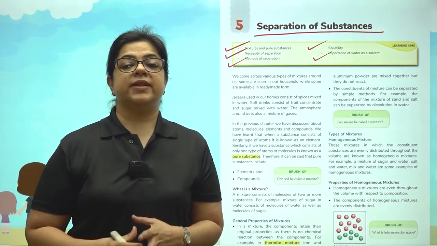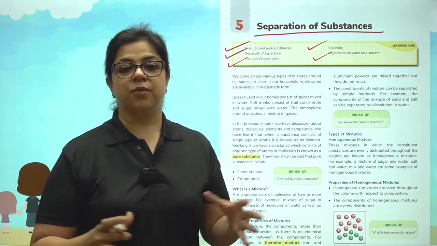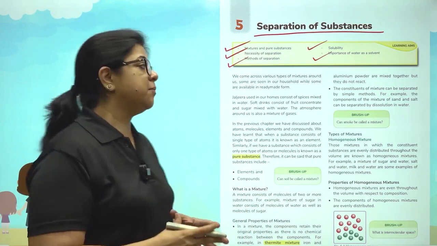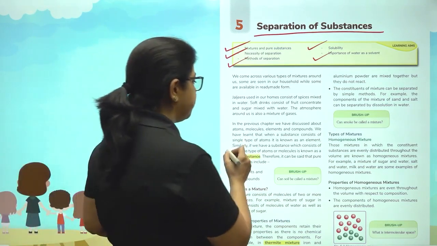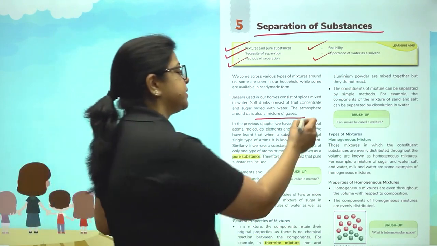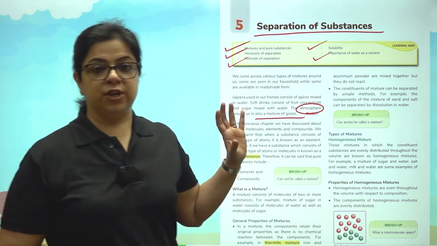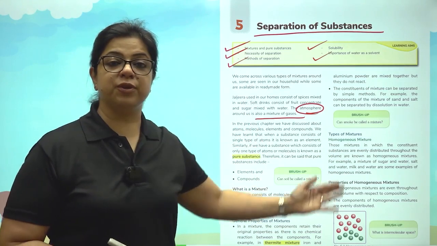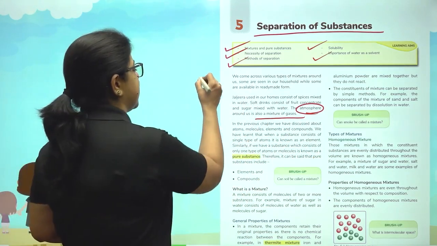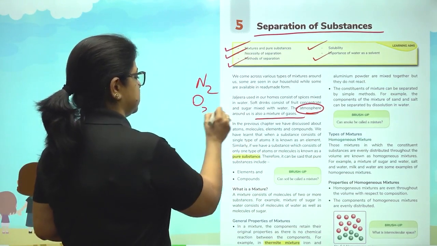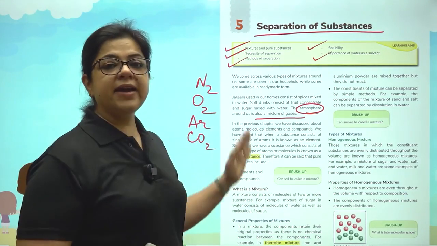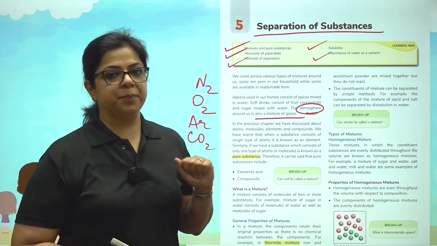So just now in the example that we discussed, when we put everything into one pouch, what does that become? It becomes a mixture. Another example of mixture is the atmosphere. We know that there is a layer of atmosphere around the earth which includes gases like nitrogen, oxygen, argon, carbon dioxide, and it also includes water vapor.